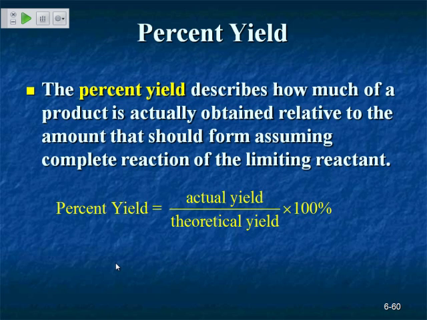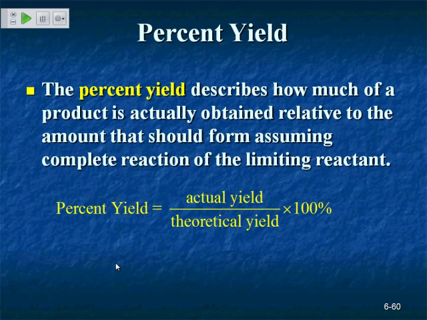Why will we not get what we were supposed to get? Why in reality is your amount always less? When we use the limiting reactant and assume that all of it is reacted, we are thinking in an ideal situation, where every single molecule of the limiting reactant reacts and forms product, and everything is perfect: the temperature, pressure, and all the other variables which can affect a chemical reaction.